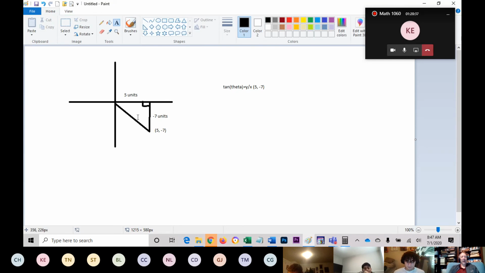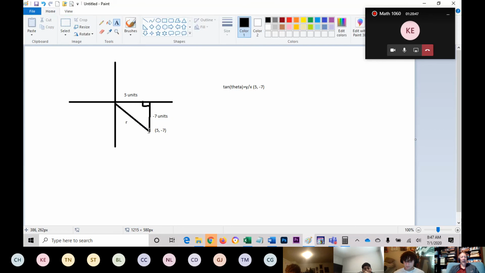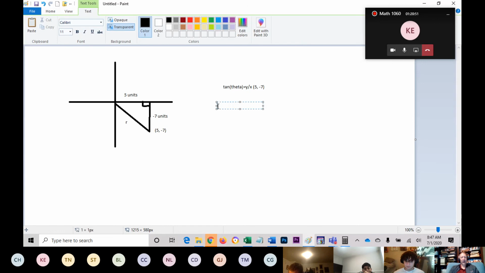So this is going to be your radius r, if we call this a circle. We need to figure out how long r is, and r is the hypotenuse.